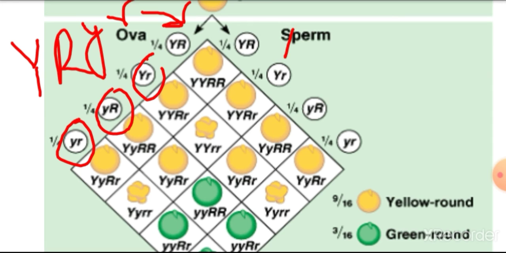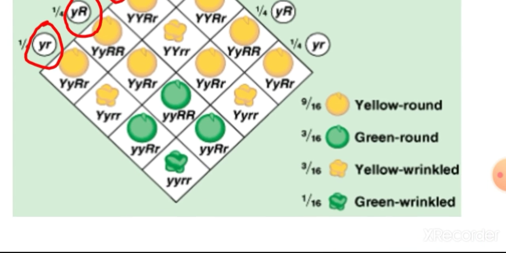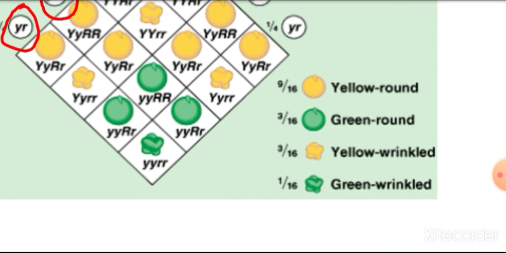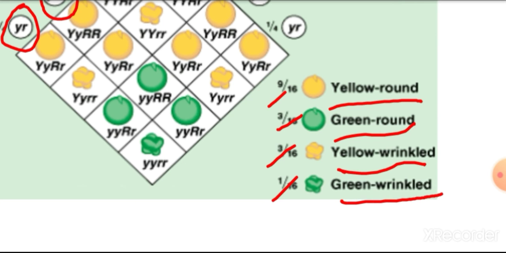So it's actually independent assortment. And here we can see the ratio. 9 yellow round seeds were found, 3 green round seeds were found, 3 yellow wrinkled seeds were found, and 1 green wrinkled seed was found.